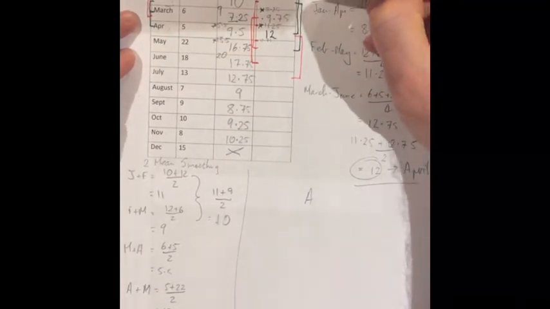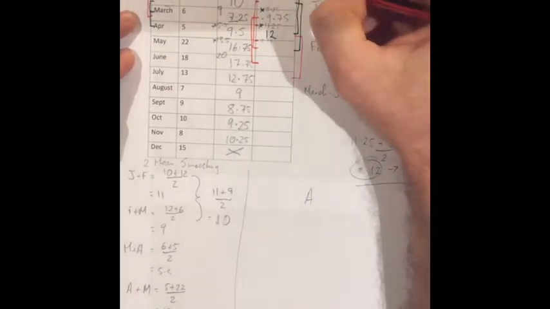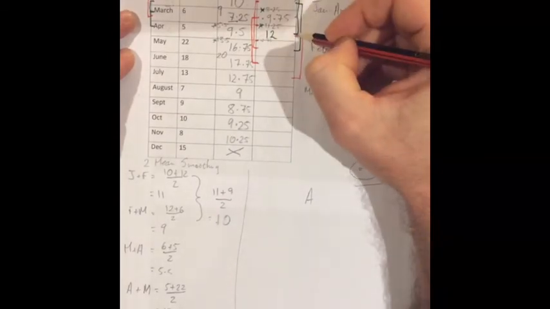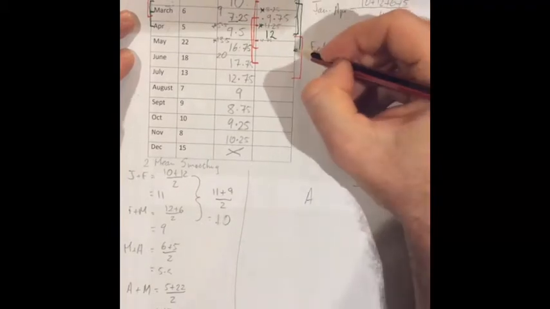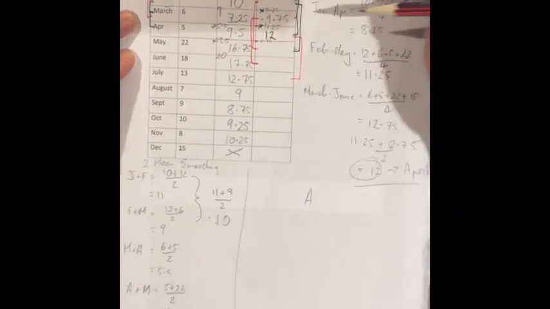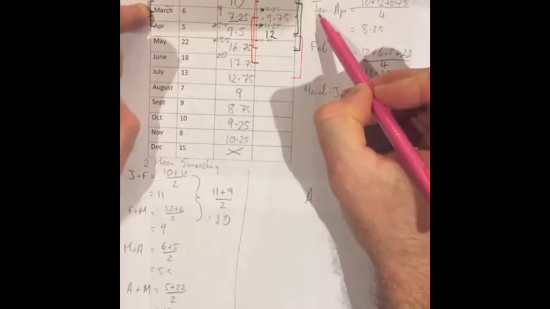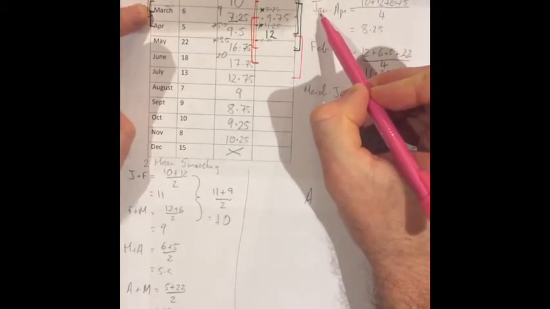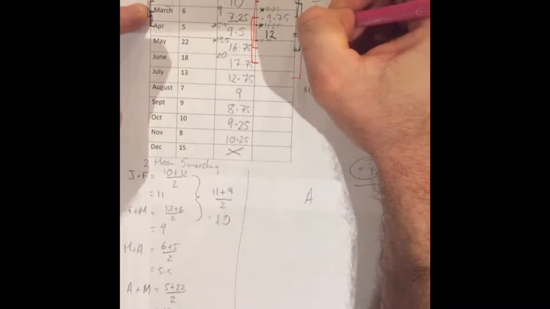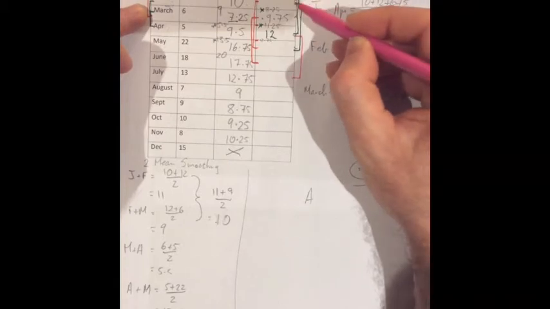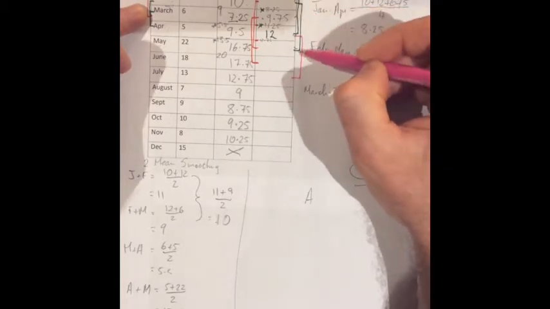So we will use January, February, March, April, and May just to get March's. What's happened here is I've used the values from January to April, so 4 data points, hence the 4 moving mean, and also 4 data points from February to May.